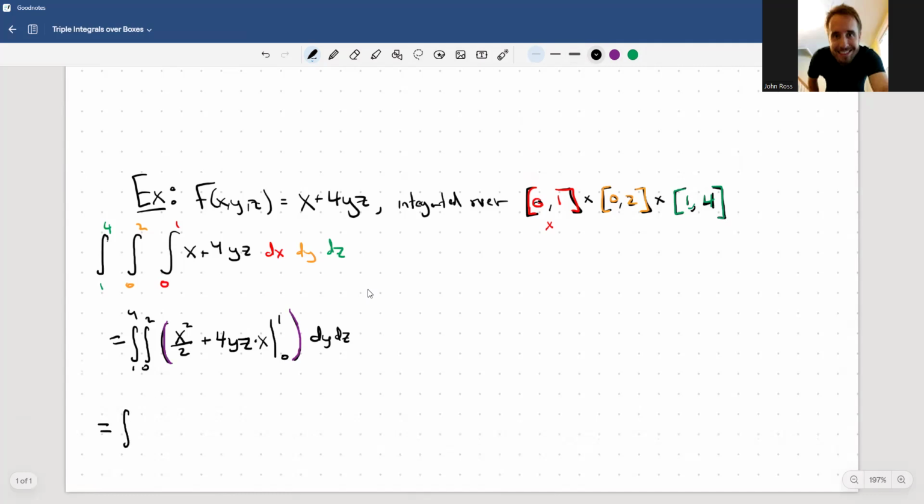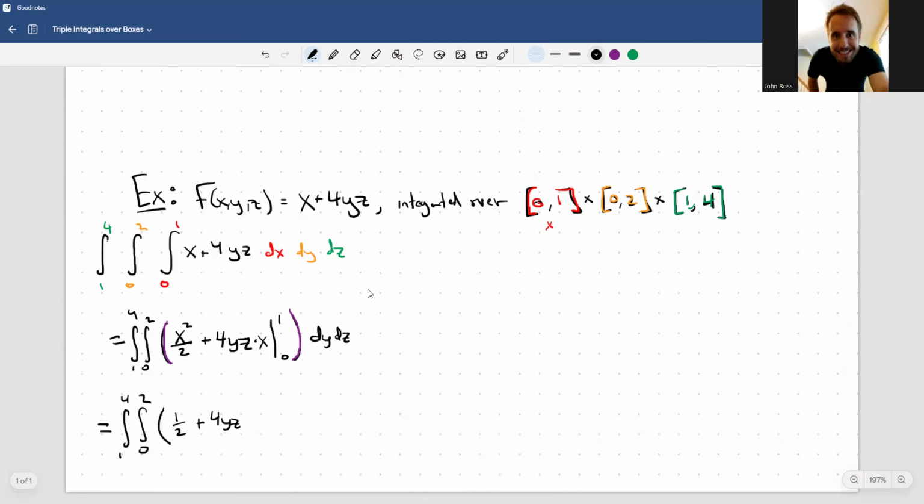Right, the fundamental theorem of calculus said I needed to find an antiderivative and I needed to plug it in. So let's go ahead and plug in. When I plug in x equals 1, I'm going to get 1/2 plus 4yz times 1.